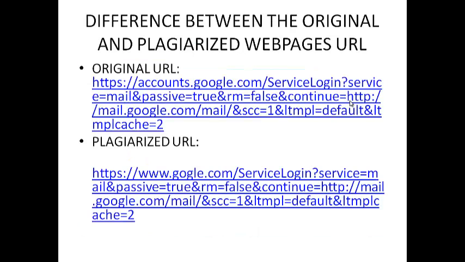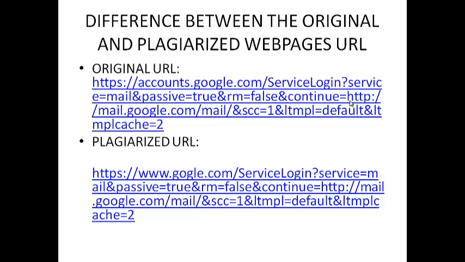The difference between the original and plagiarized web pages lies only in the URL. Here are the examples of two URLs. The first URL is accounts.google.com, which is the URL of the original web page of Gmail.